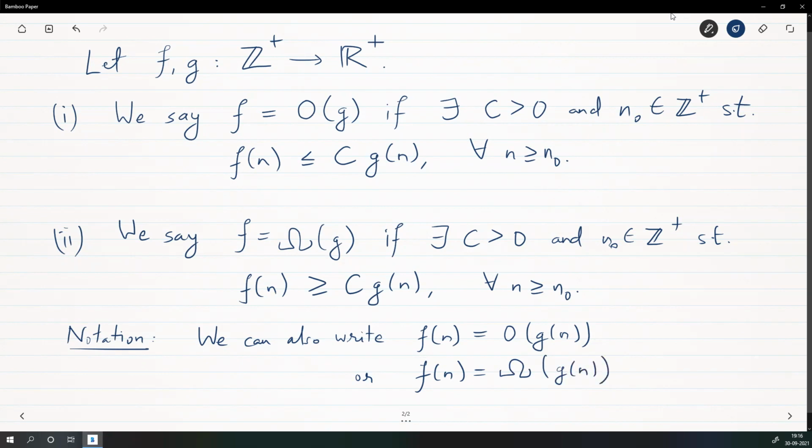Okay, because sometimes it might be easier to write the expression for f in terms of n rather than writing f. Okay, and therefore we will relax our notation and say f of n is big O g of n, f of n is big omega g of n, however it comes there. All right, is that fine?